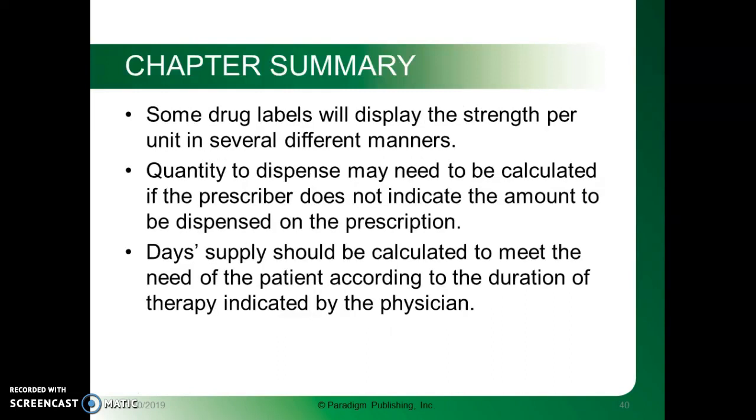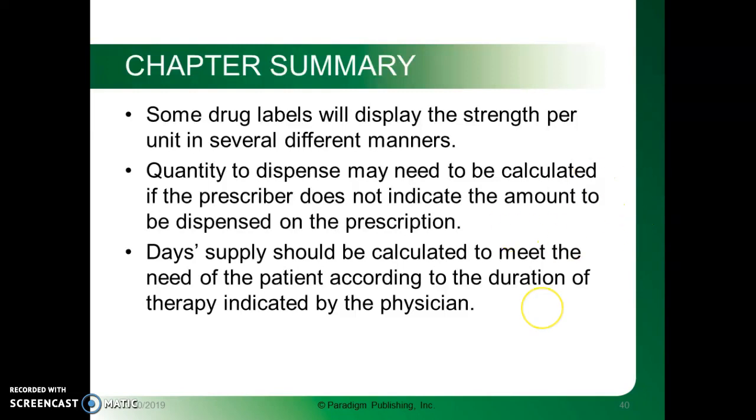Some drug labels will display the strength per unit in several different manners. Quantity to dispense may need to be calculated if the prescriber does not indicate the amount to be dispensed. Day supply should be calculated to meet the needs of the patient according to the duration of therapy indicated by the physician. Number of days is also very important for insurance purposes, because most insurance won't allow more than a 30-day supply.